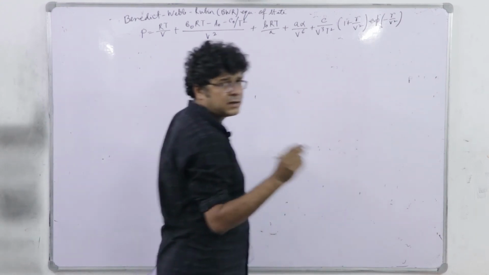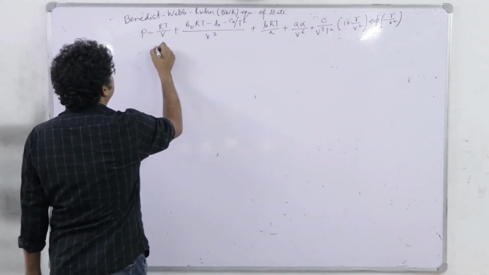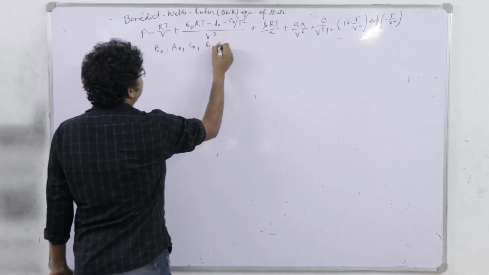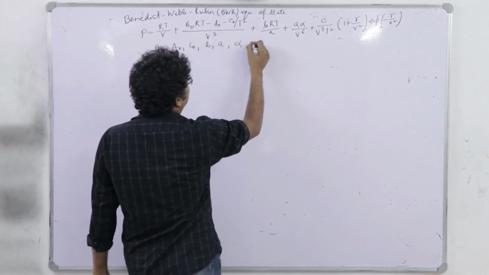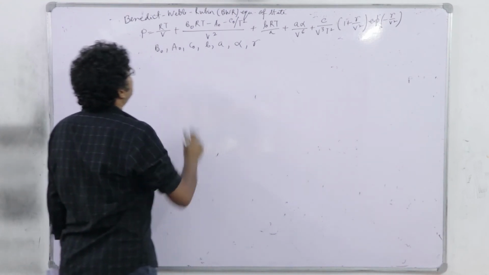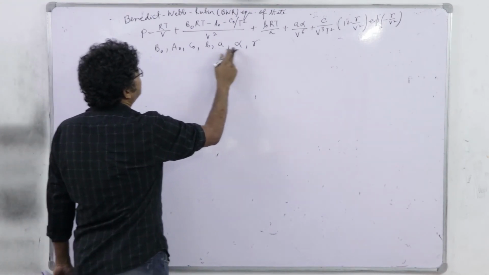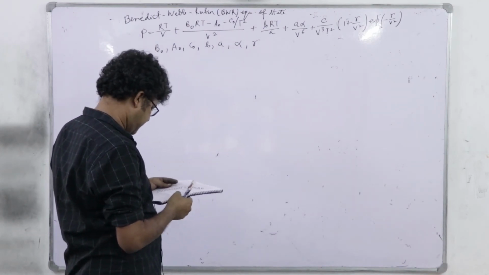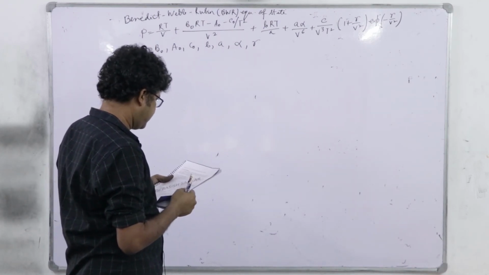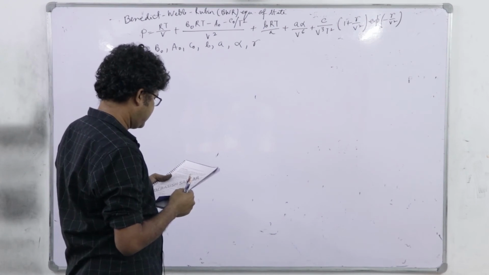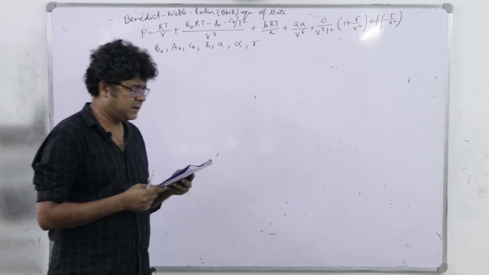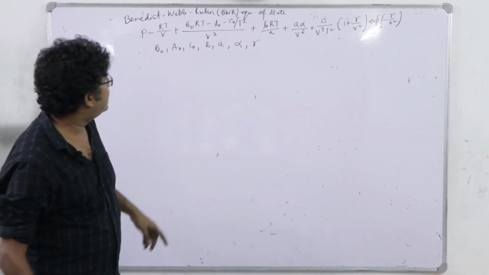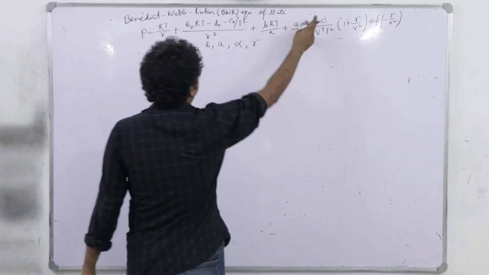So, how many coefficients are there? You see B naught, A naught, C naught, small b, small a, alpha, gamma. 1, 2, 3, 4, 5, 6, 7. Anything else? Small c is there.